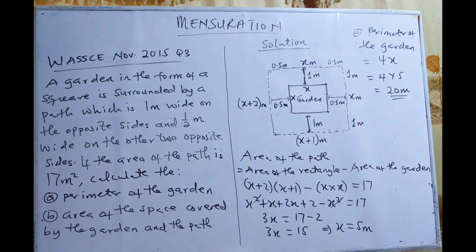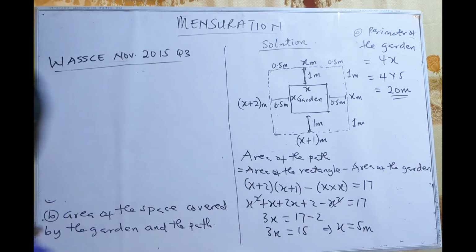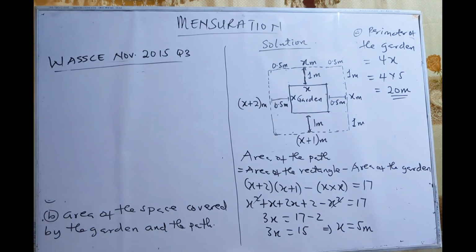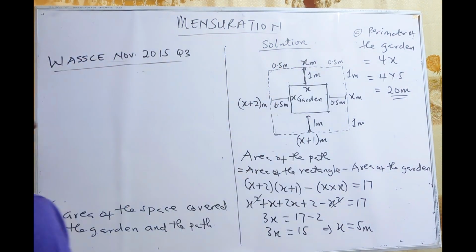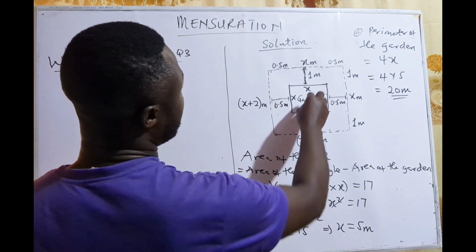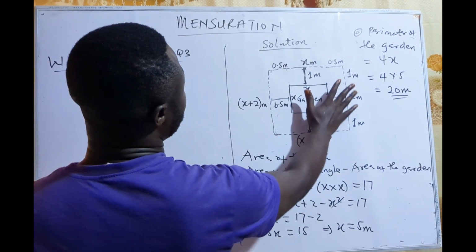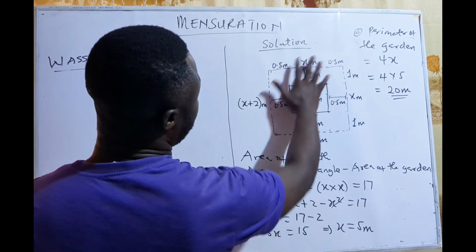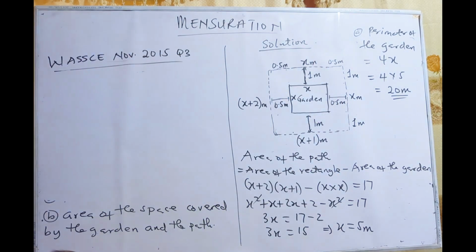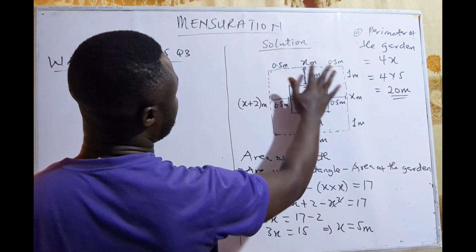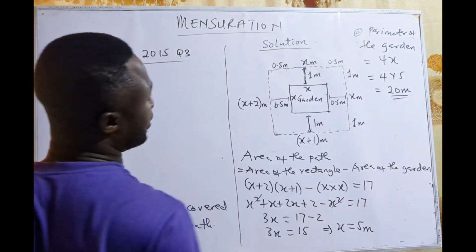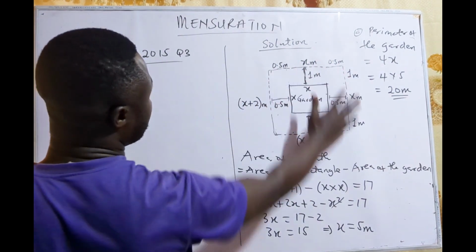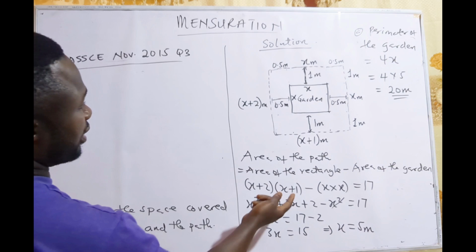The area of the space covered by the garden and the path. So everything within, the garden here and the path, when you put everything together, gives us the rectangle. So that will give us everything within here, okay? And everything within here is a rectangle. That is the area of the rectangle.